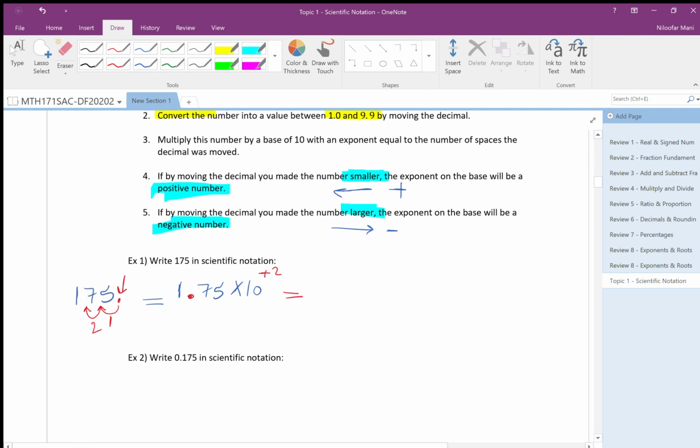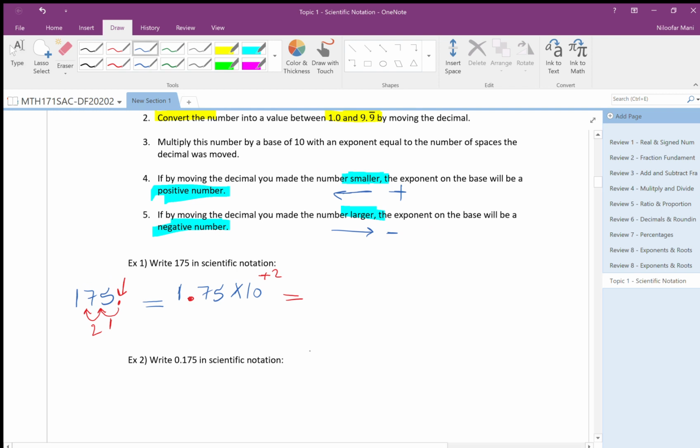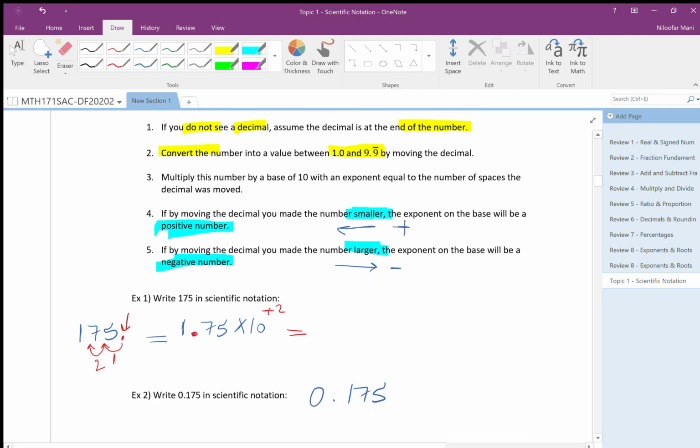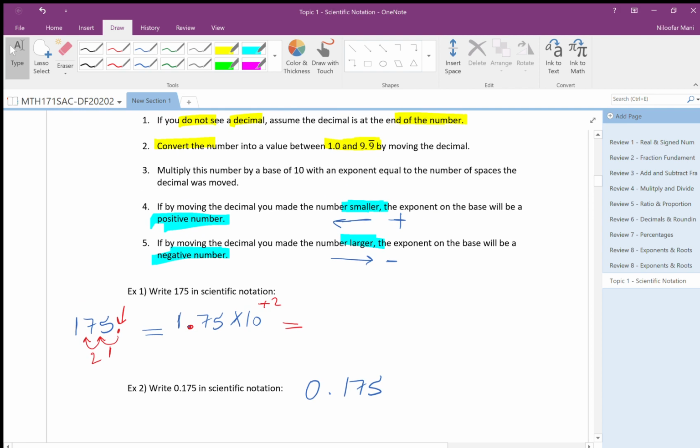Okay, look at this. 0.175. Step 1: do I have a decimal? Yes, I do. I don't touch it. How about 10 power? I put 10 power 0 beside because 10 power 0 is 1, so it doesn't make any change.